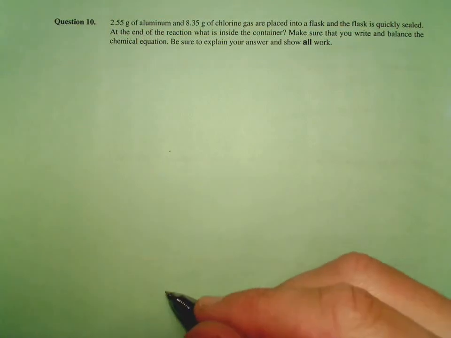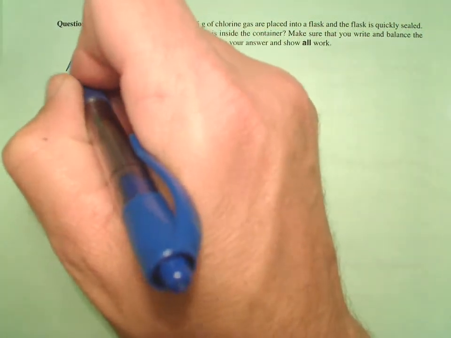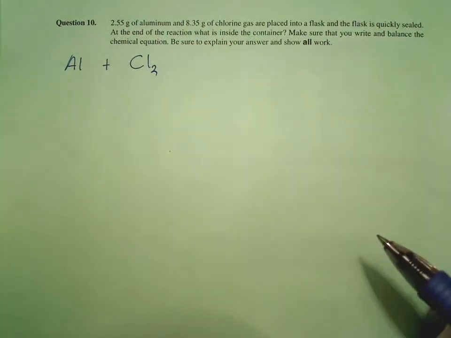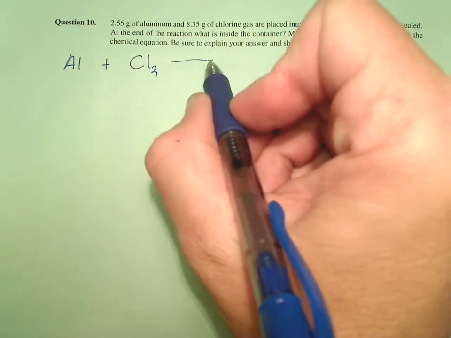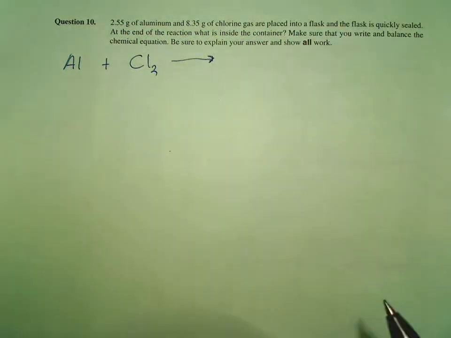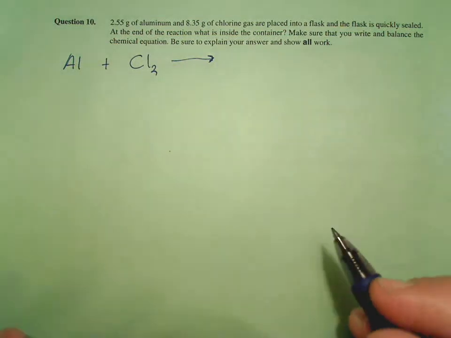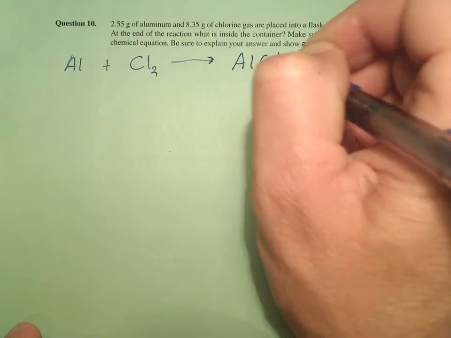So first thing, stoichiometry problem, balanced equation. So we know aluminum is reacting with chlorine gas. And when aluminum and chlorine react in this redox combination reaction, we know that aluminum chloride is the result.